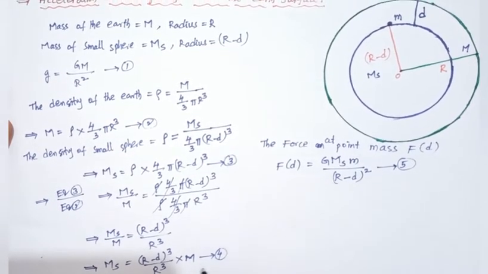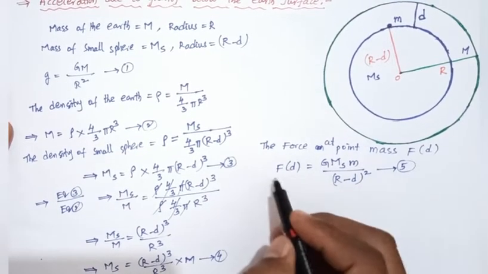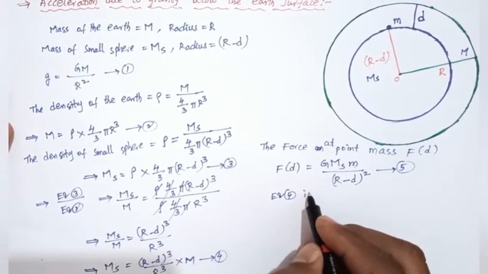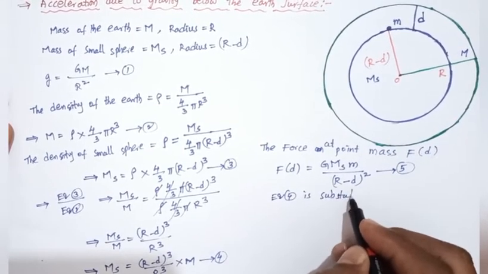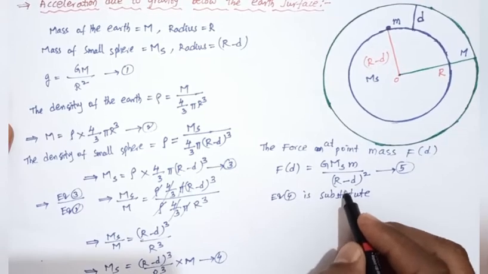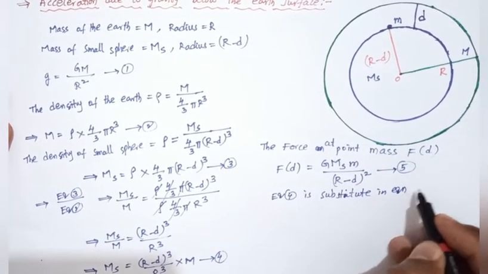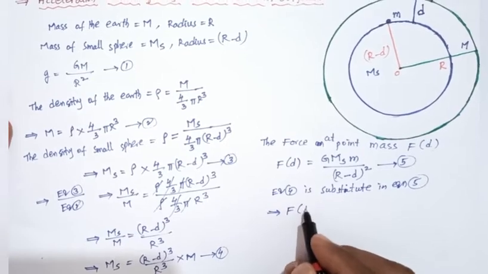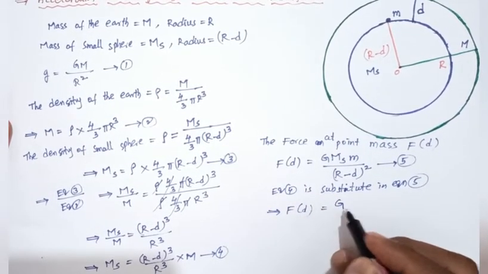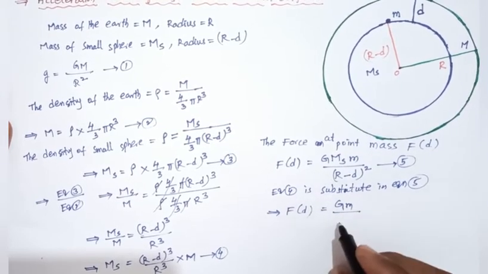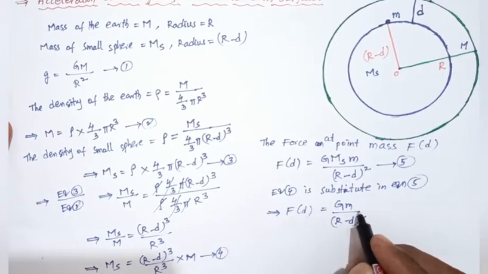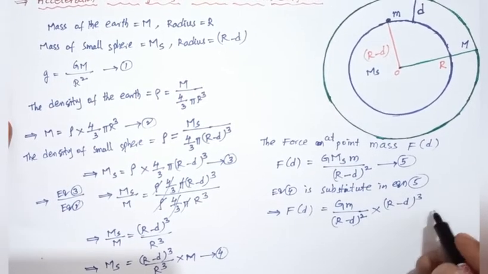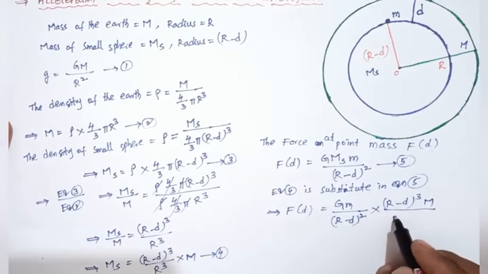Next, we can substitute equation number 4 in equation number 5. So we get F of d equals G small m divided by (R minus d) whole square, into M s, which equals (R minus d) whole cube M by R cube.